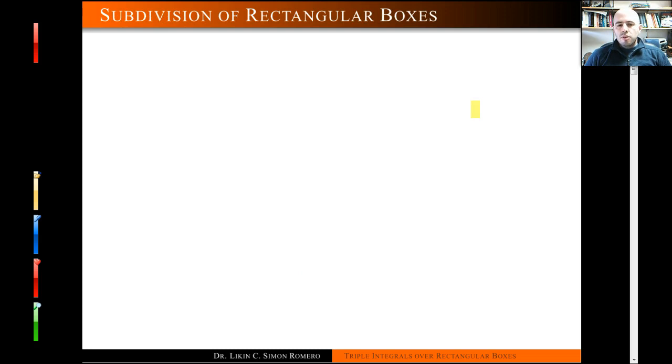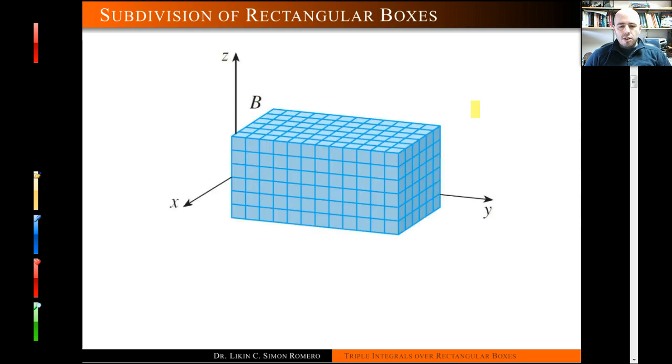So the idea is we're going to start defining triple integrals over rectangular boxes by subdividing these rectangular boxes. You have a rectangular box and you subdivide each one of the intervals of the corresponding variables, just like we did with rectangles, and what we obtain is a subdivision into smaller rectangular boxes.